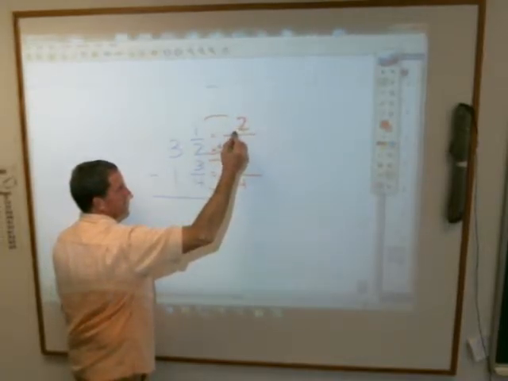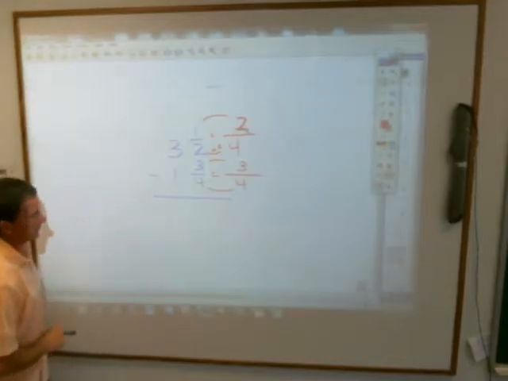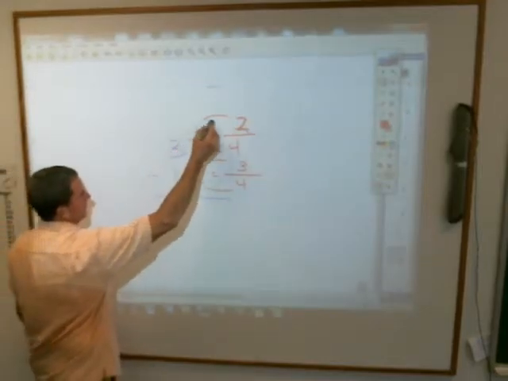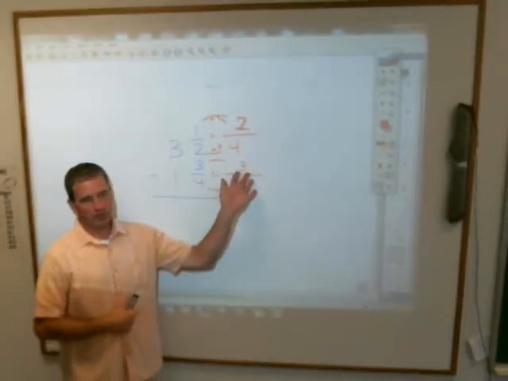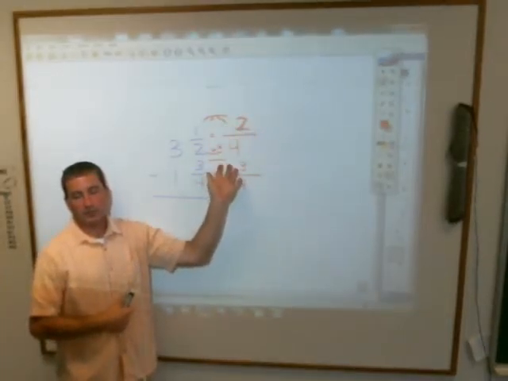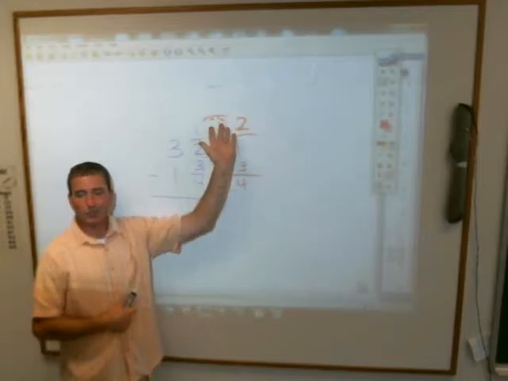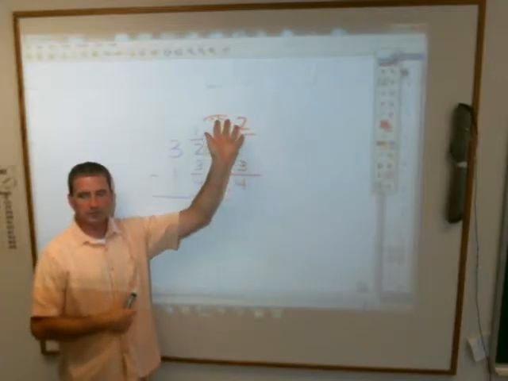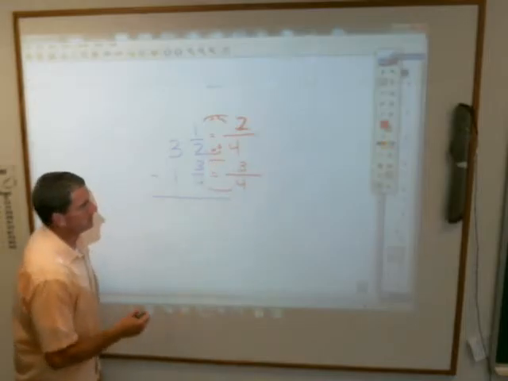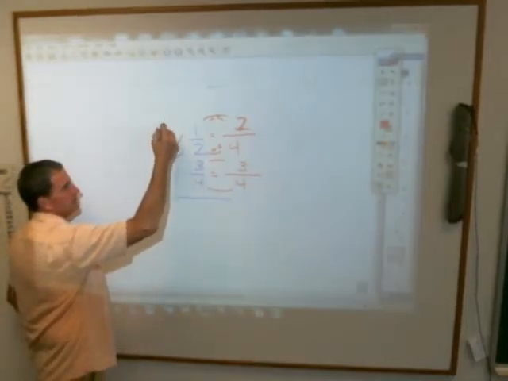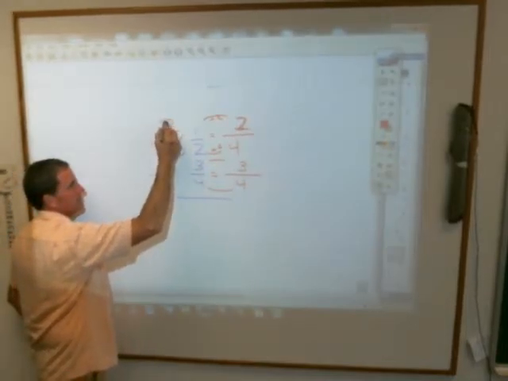And now we have a small issue, ladies and gentlemen. What happens because I'm trying to take 3/4 away from 2/4? 3/4 is bigger than 2/4. I can't do it. So just like in normal subtraction, you have to borrow. What happens when I borrow with fractions?